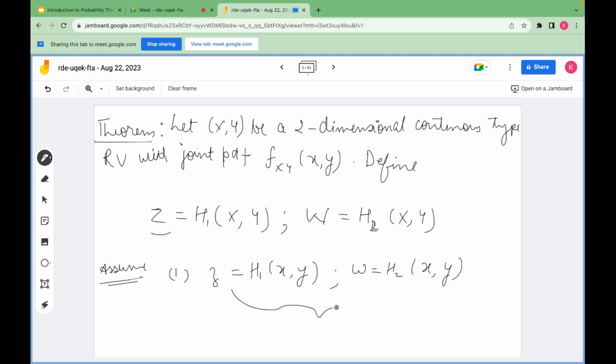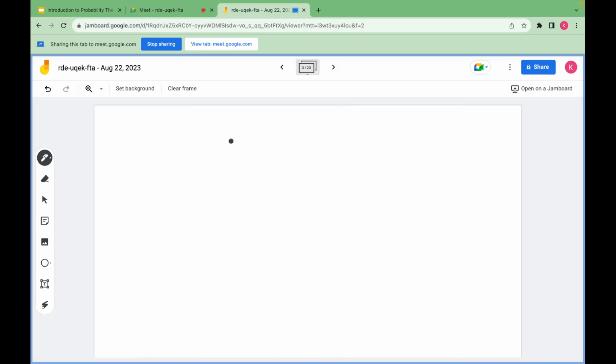From this we will write x and y in terms of z and w. After doing that, say x is equal to g1(z, w) and y is equal to g2(z, w).